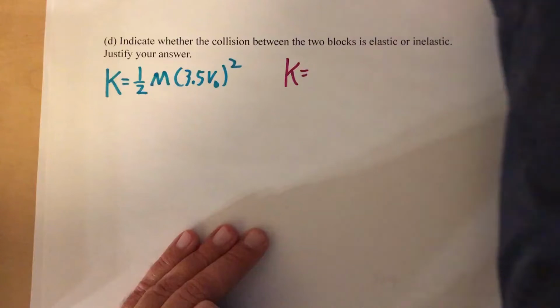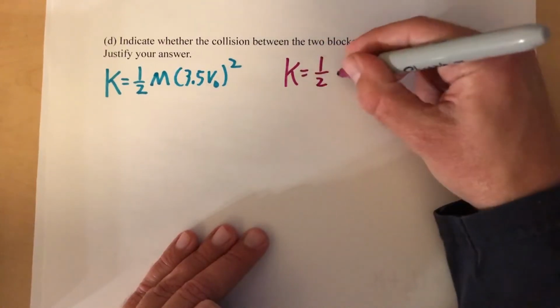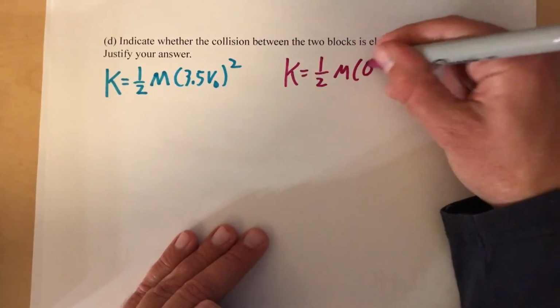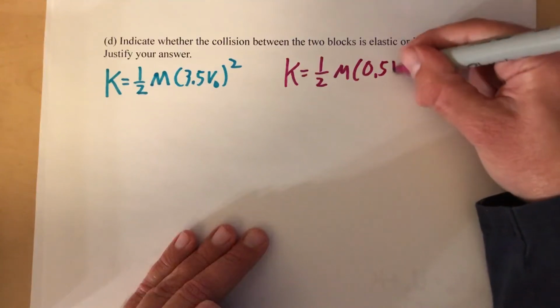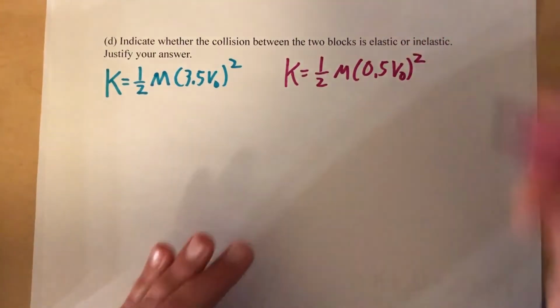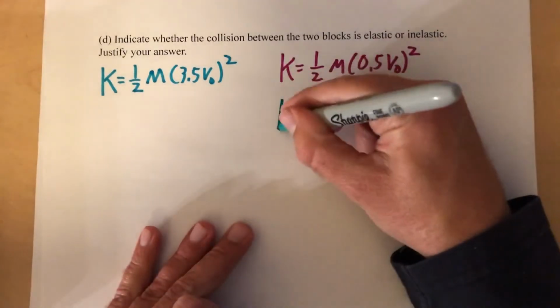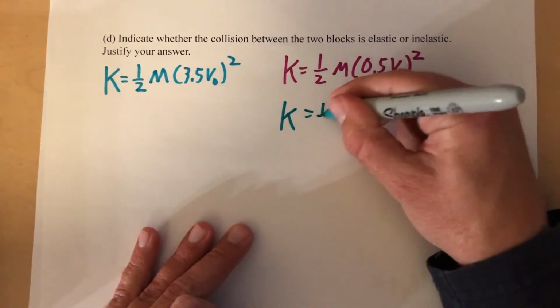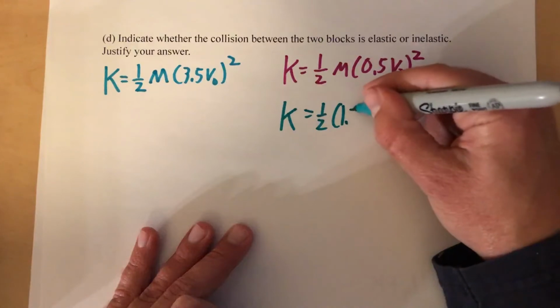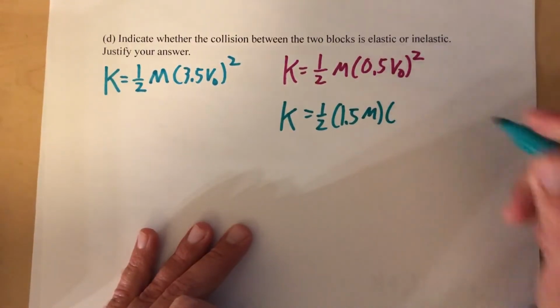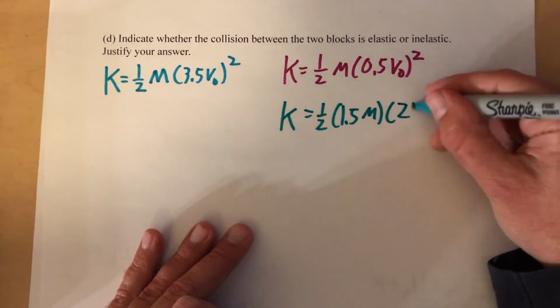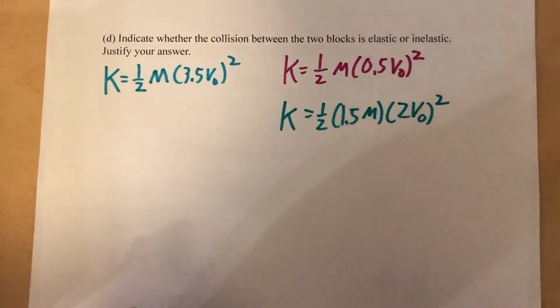We have the small block, again 1/2 m, and now it's going 0.5 v0, and you square that. And then the larger block also has kinetic energy. It will be 1/2, its mass is 1.5 m, and afterwards it was going 2 v0 squared.